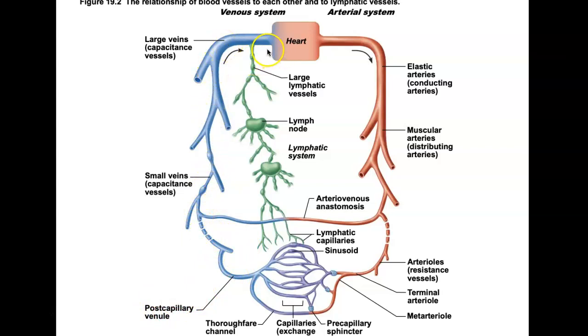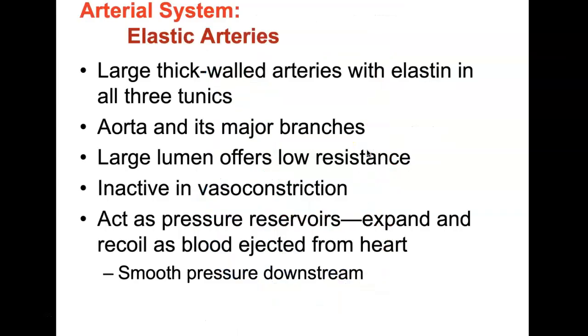The other thing that you see in this image is the incorporation of the lymphatic vessels, which we will cover in a future chapter. This gives you a good overview of how the blood moves through the entire body. Again, we will name selected arteries and veins when we cover these in lab.